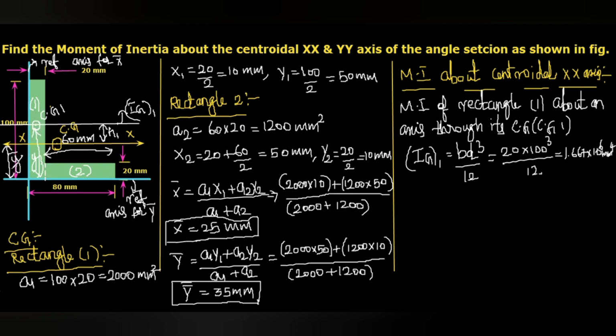Okay, to avoid the confusion, I just erase all these lines. See, from the bottommost line to CG, that is y bar. Bottommost line to CG1, that is y1. So the difference between these two, h1, that is y1 minus y bar.